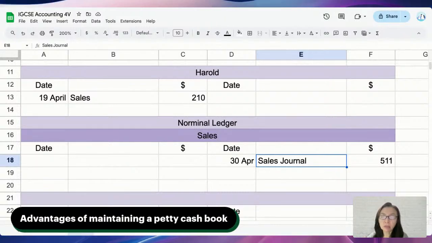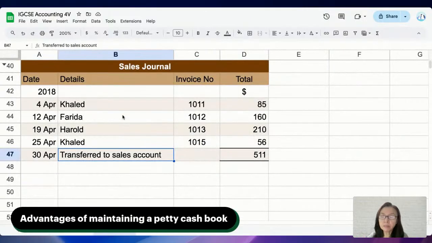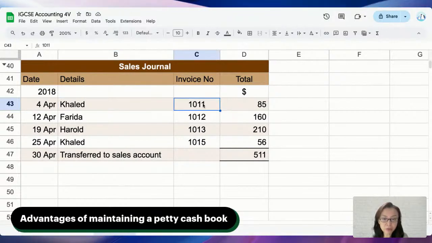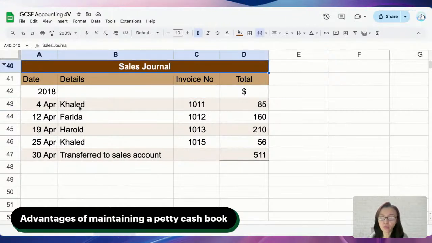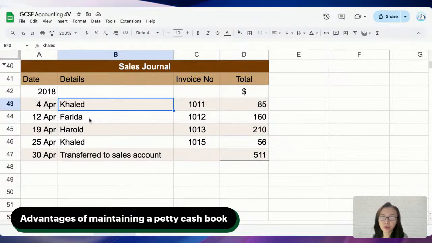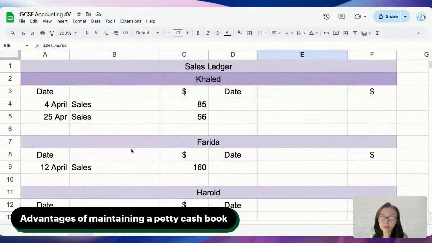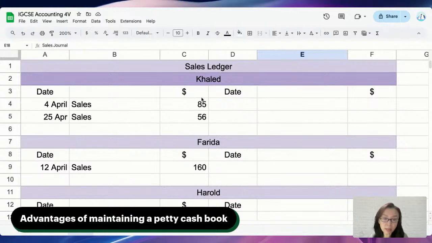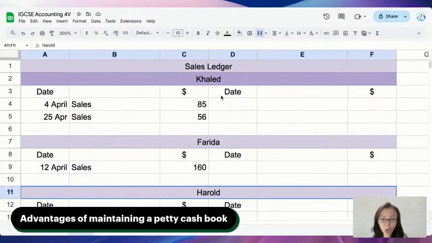I repeat one more time how the process works. In the beginning, whenever there is a sales transaction, I get an invoice, which is the business document. Then I record it into the sales journal, who the trade receivable is, which is the customer name, and all these details. My next step is to transfer each one of them into the sales ledger, the particular ledger account, which is the customer account.